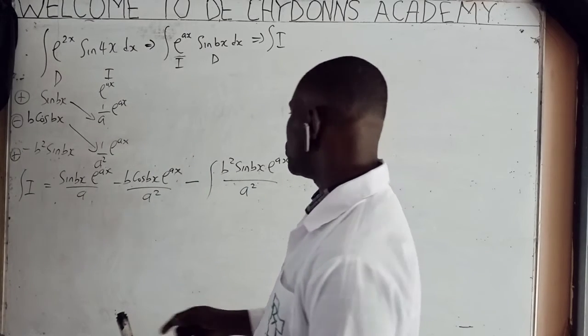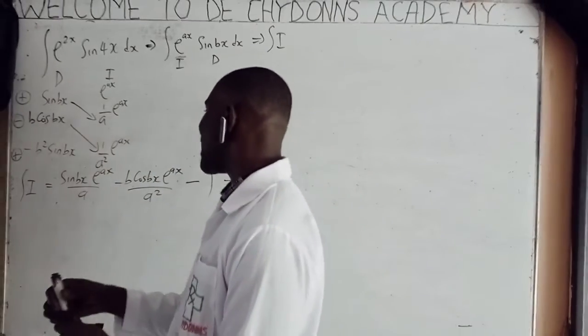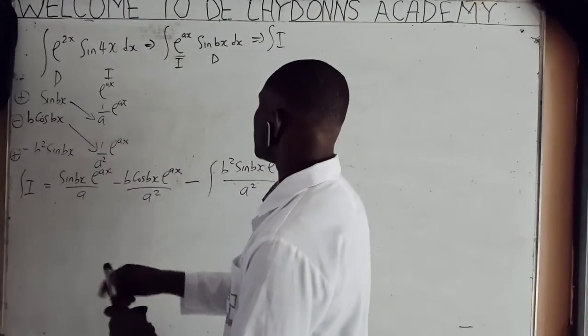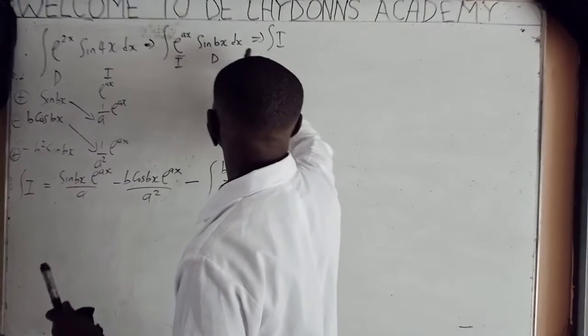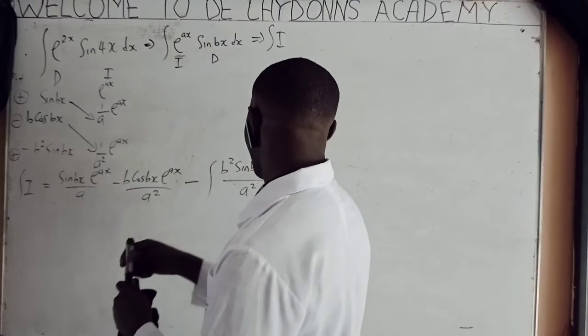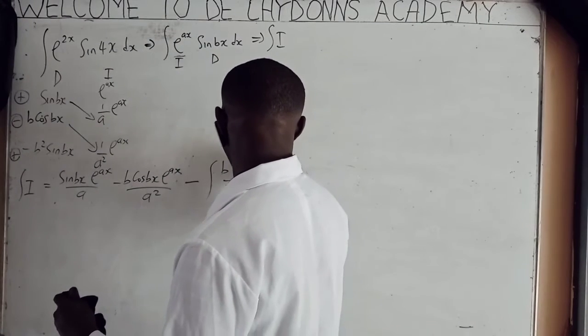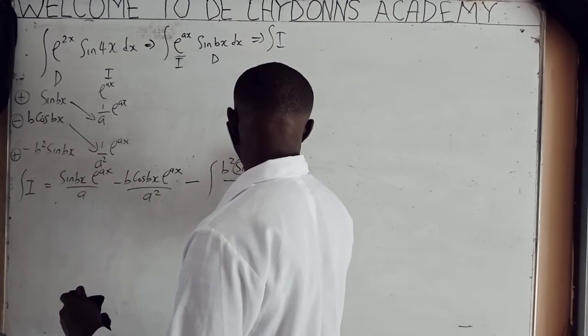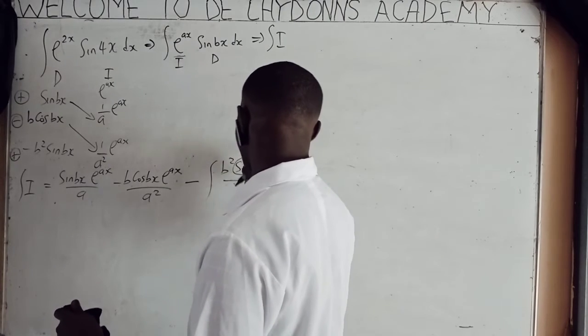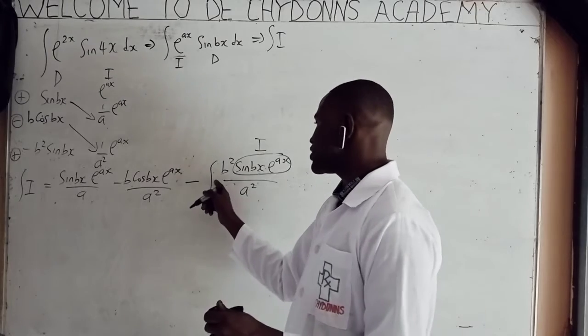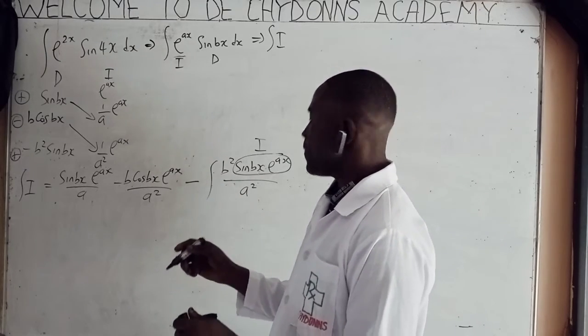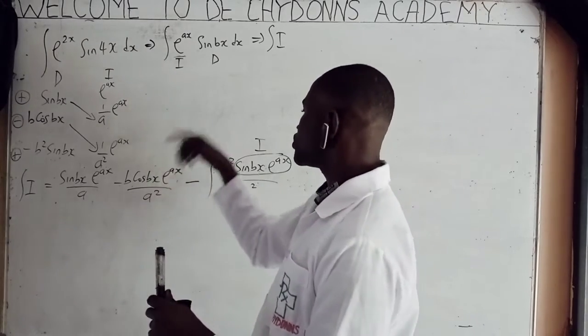Then what you do next, you carry this to the other side, but note that your equation says that this is integration I. So I will automatically call everything here integration I. I will now say, take this to the other side.